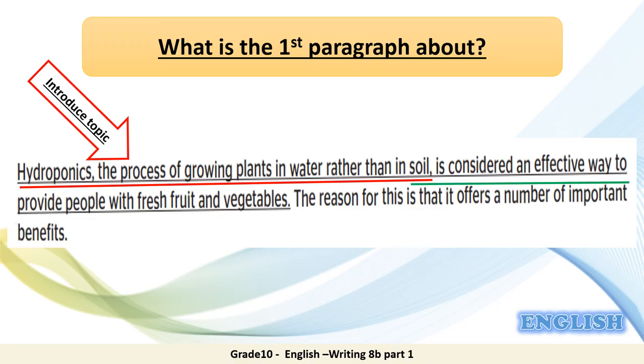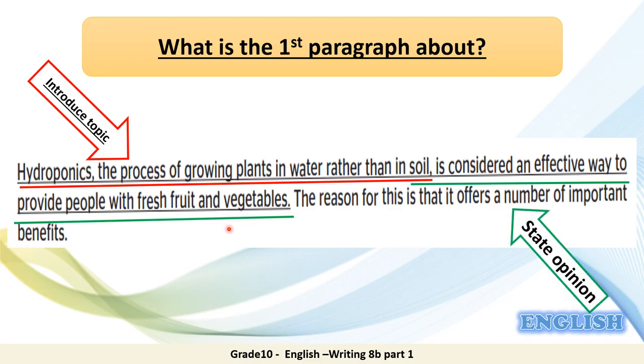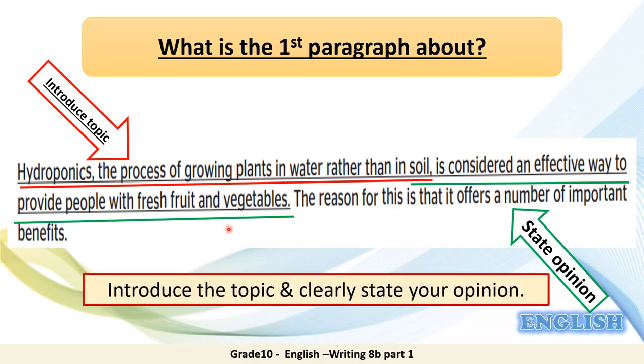How about the other underlined sentence? Is considered an effective way to provide people with the fresh fruit and vegetables. This is an opinion. So let's put it together. The first paragraph is about introducing the topic and clearly stating your opinion.